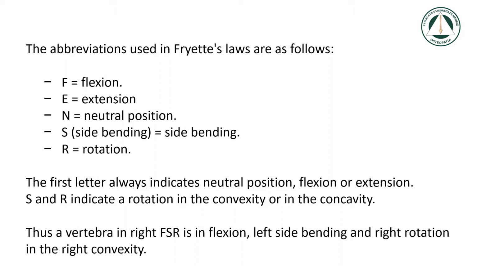The other letters S and R indicate a rotation in the convexity or in the concavity. When S is placed before R, it indicates a rotation in convexity. When R is placed before S, it indicates a rotation in the concavity. Thus, a vertebra in right FSR is in flexion, left side bending, and right rotation in the right convexity.